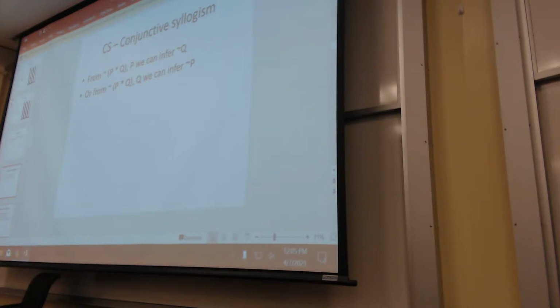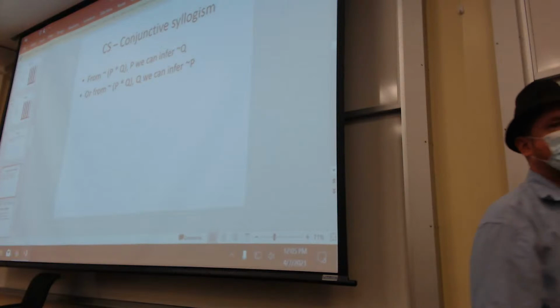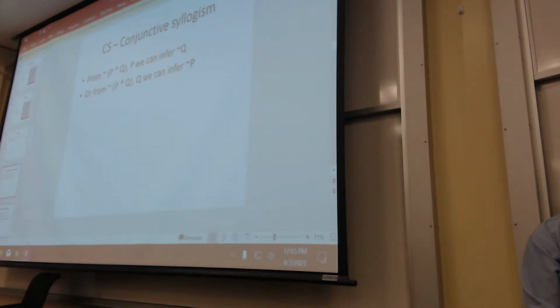It is not the case that A and B are both true. We need to add to that something like A is true. If we know that we can't have both A and B true, and we know that A is true, we can then infer the opposite of the remaining half. So if I know that A and B can't both be true, but A is true, we know that B cannot be true.